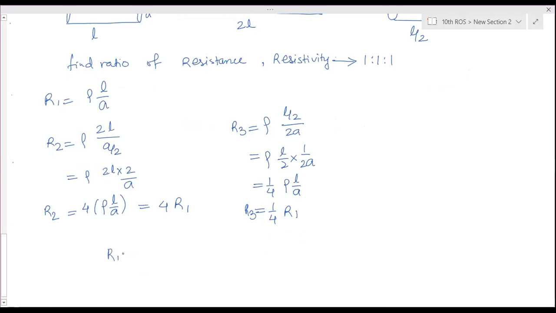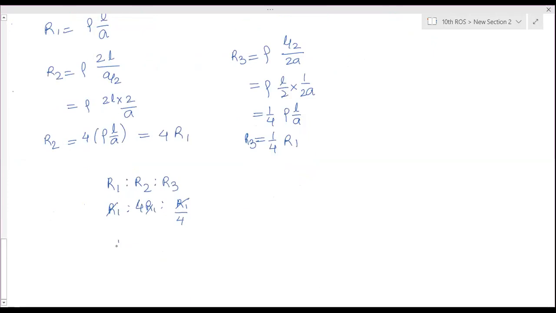So the ratio R1 to R2 to R3 is R1, 4R1, R1 by 4. R1 gets cancelled from everywhere, so it is 1 is to 4 is to 1 by 4. So 4 is to 16 is to 1 is the ratio of resistance.